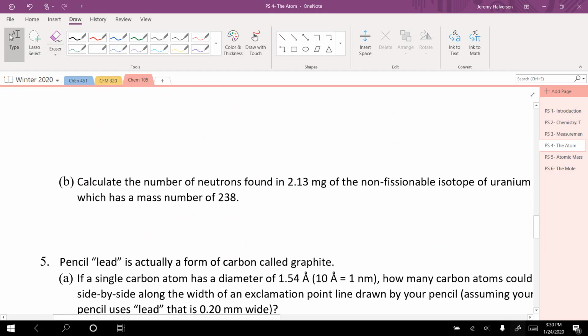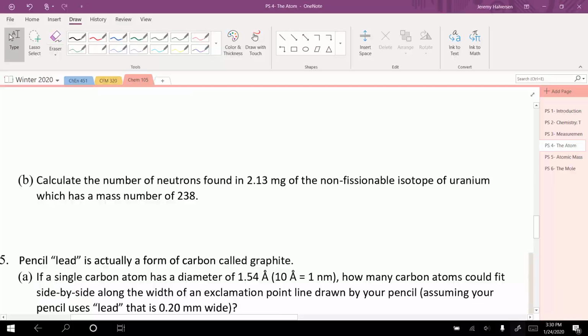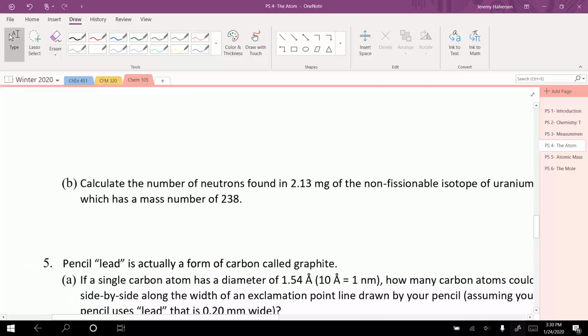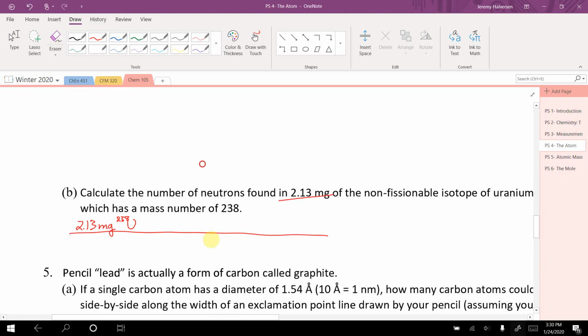Calculate the number of neutrons found in 2.13 milligrams of the non-fissionable isotope of uranium, which has a mass of 238. All right, so what's my starting value? 2.13 milligrams of uranium-238, and I'm trying to get to neutrons. Very similar to the last problem.